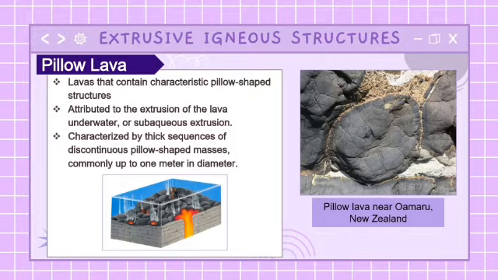Pillow lavas are lavas containing characteristic pillow-shaped structures attributed to the extrusion of the lava underwater, or subaqueous extrusion. Pillow lavas in volcanic rock are characterized by thick sequences of discontinuous pillow-shaped masses, commonly up to 1 meter in diameter. So if tanaw ninyo siya, mura siya unlan. Pillow-shaped siya. Ang example na to is pillow lava near Wamaru, New Zealand.